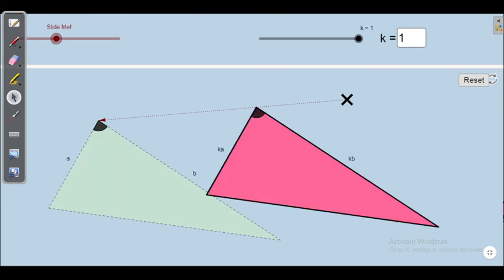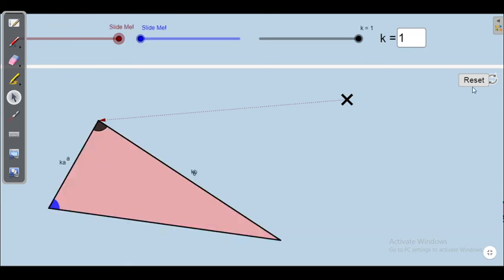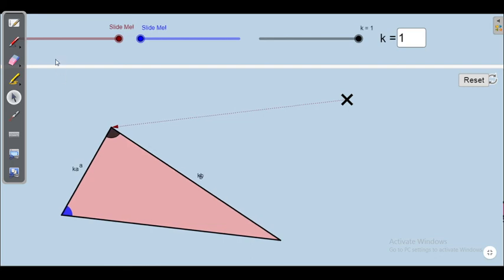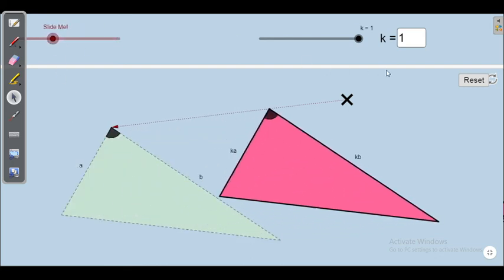Ma'am, but you didn't say the measurement of B. KB, yeah, that's also the same, right? If I give the value 1 to K, what happens to KB? What will be KB? K into B. Give the value 1 to K in the product KB.